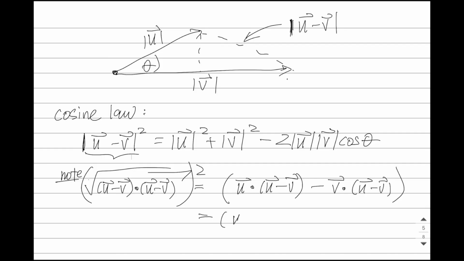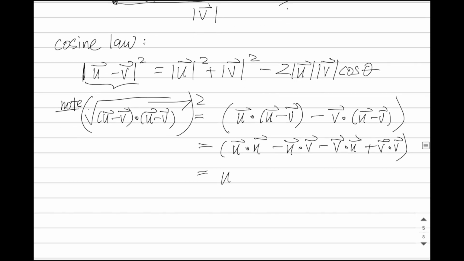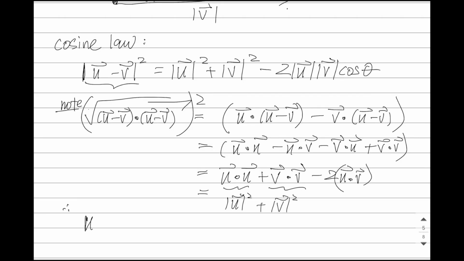And then you're going to get u dotted with u, subtract u dotted with v, subtract v dotted with u, plus v dotted with v. That's going to end up giving me u dot u plus v dot v minus 2 times u dot v, because the order doesn't matter. This is length of u squared, this is length of v squared, and 2 times u dot v.